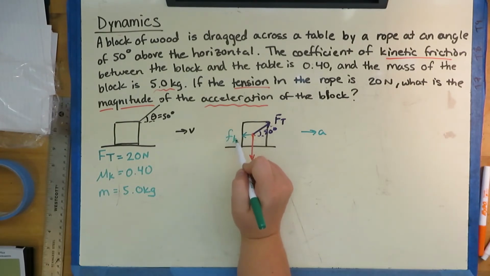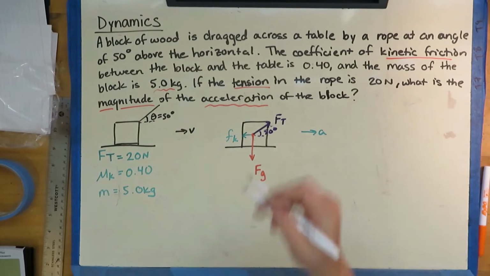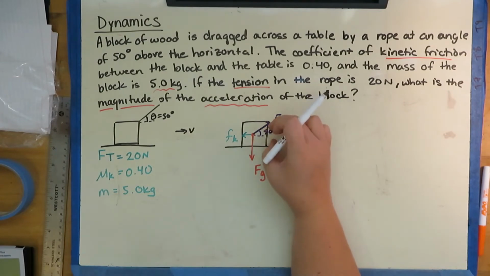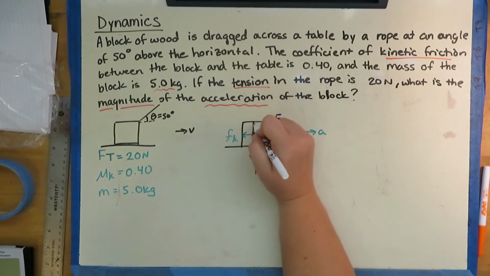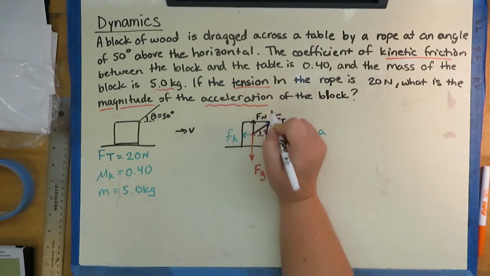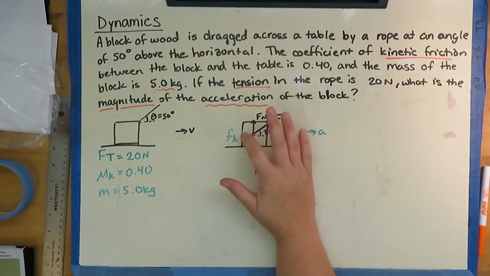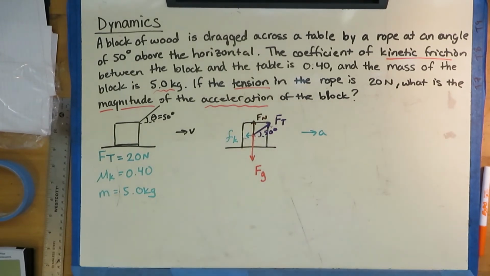So I'm going to label my friction force. Then I'm going to draw my normal force so that it is larger than my friction force, because I know it has to be, and so that it adds up with tension. That looks approximately right. I might shrink my kinetic friction force a little bit more to make sure it's obviously smaller than my normal force.